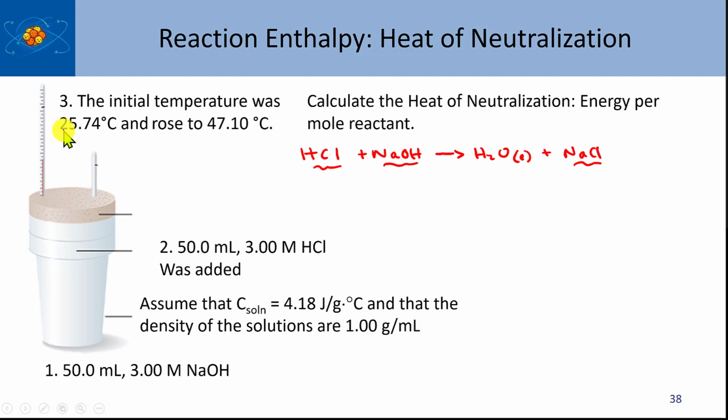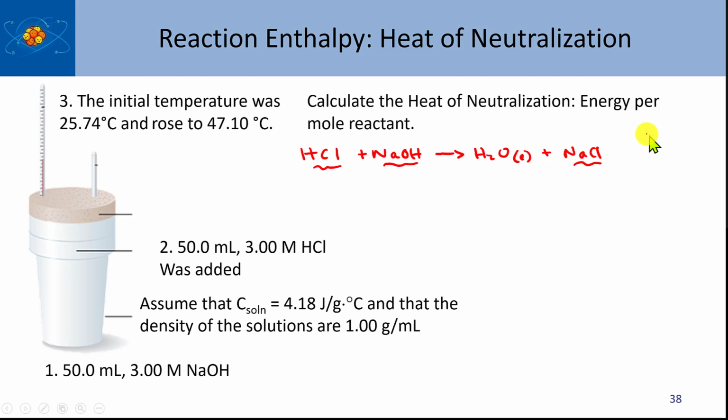And then in this particular experiment, the initial temperatures of both solutions were measured to be 25.74 initially, and when I mixed them together, the temperature rose to 47.10 degrees Celsius. So what is that actually telling me is going on, right? What it actually means is that when these two reactants come together, they go forward to form the products in an exothermic reaction, that is, they're releasing heat energy into their surroundings.